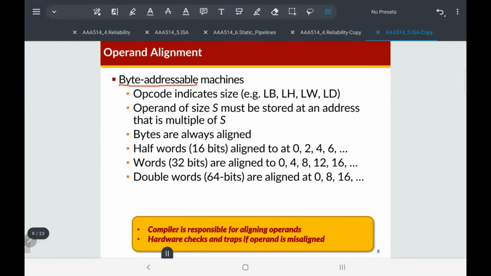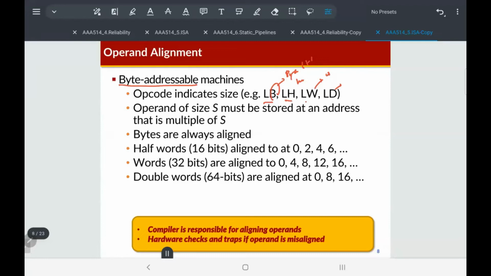And then we can define different types of load, so data transfer instructions, based on the size of data handled by these instructions. For example, we can indicate the size like LB, LH, LW, LD. B means byte, H means half word, W means word, and D means double word.